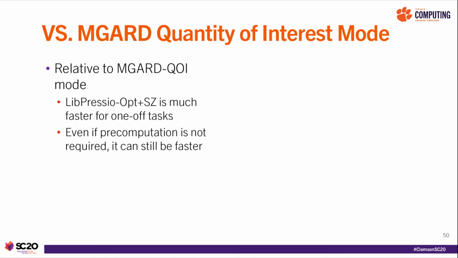This means that the resulting compression is less compressible than what LibPressio-Opt is able to achieve. Finally, it is actually possible to use LibPressio-Opt in conjunction with IMGARD. By using these techniques together, you can maintain the particular mathematical guarantees offered by the IMGARD compressor while achieving higher performance than what is possible for rapidly evolving problems.